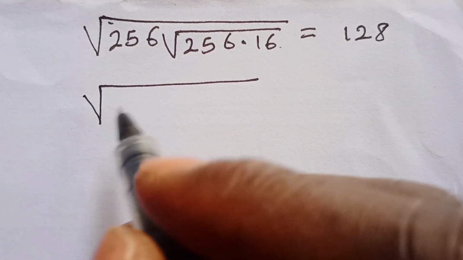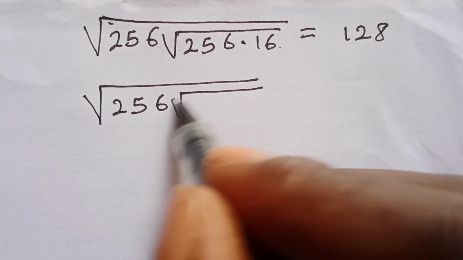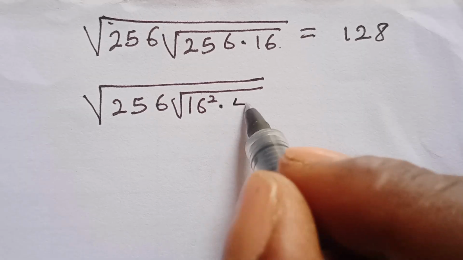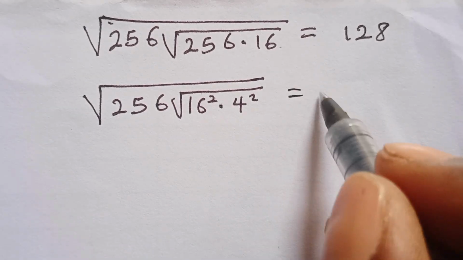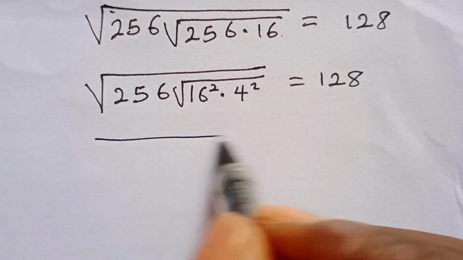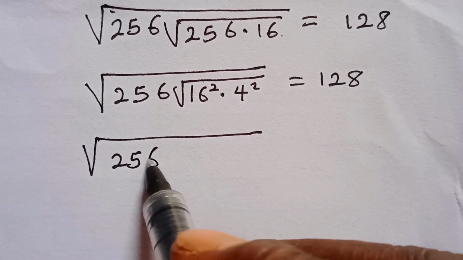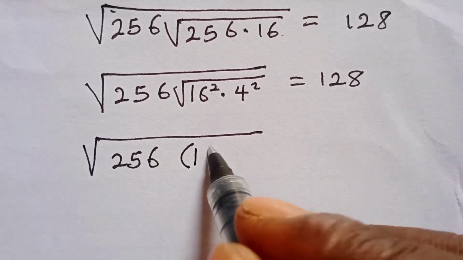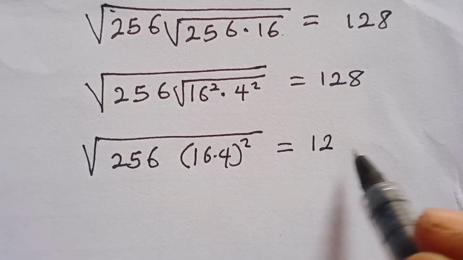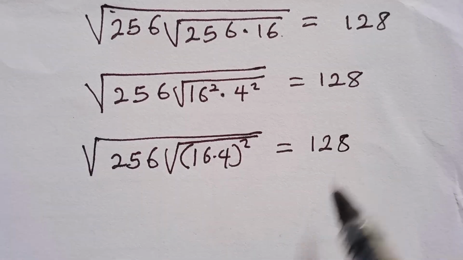So by doing this, we have 256, then square root of, we can rewrite 256 to be 16 square as well, then times 4 square, so that we'll factor out the square from 16 and 4 and then use it to cancel out the square root. So we now have 256 into bracket 16 times 4, everything square. So square root of it is equal to 128, so that the square will cancel out the square root.